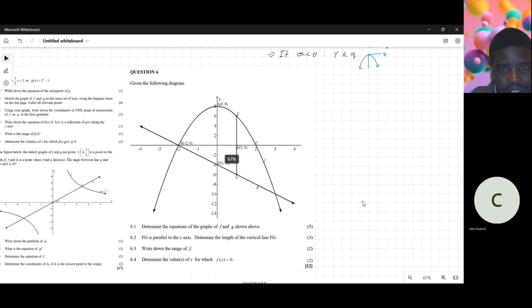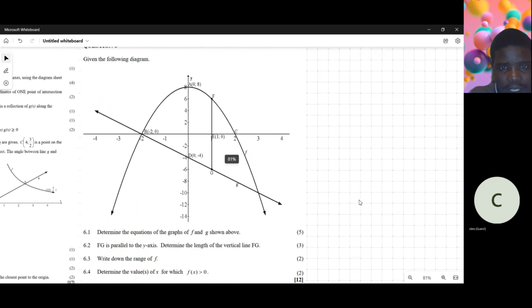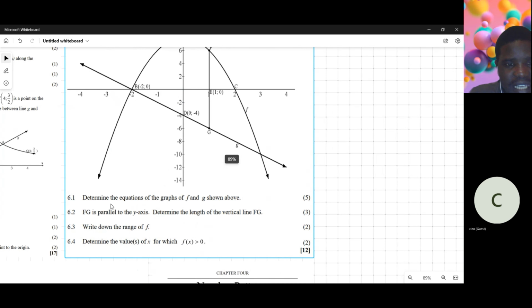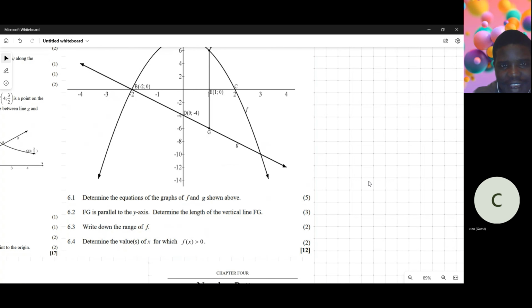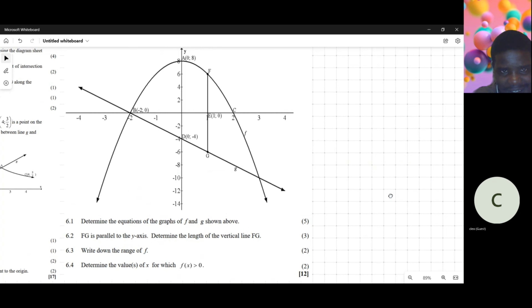They are saying determine the equation of the graph of F and G. So I want us to look at F and then G. F is a parabolic graph, meaning F of X is equal to AX squared plus or minus Q.